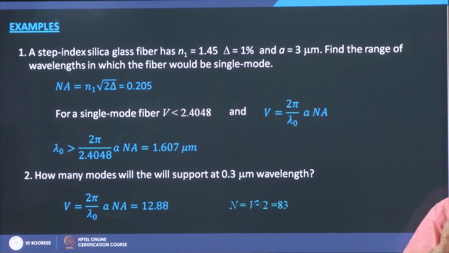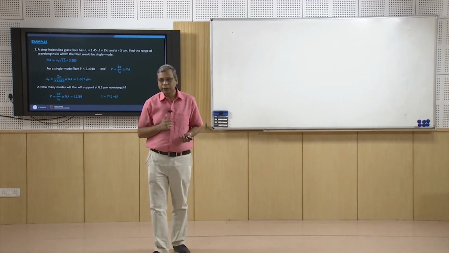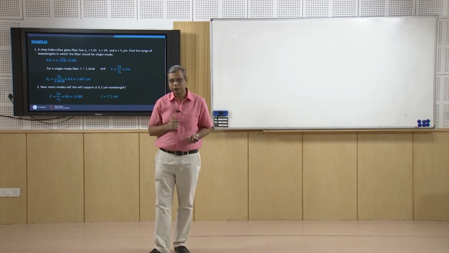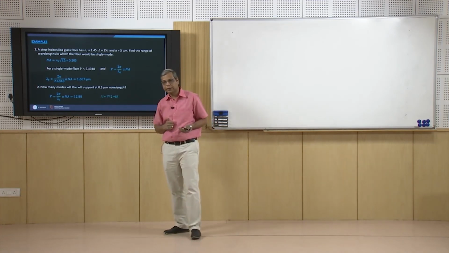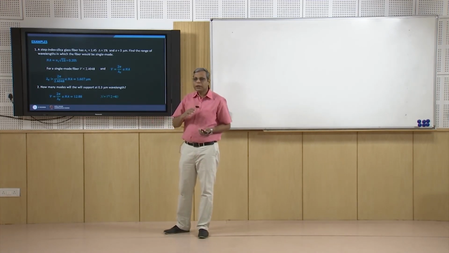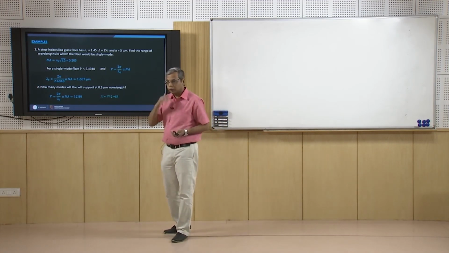Let me tell you that the number of modes n is equal to V square by 2 for a step index fiber, and n is equal to V square by 4 for graded index, parabolic index fibers. They are valid only when V is much larger than 2.4048, typically more than 10.